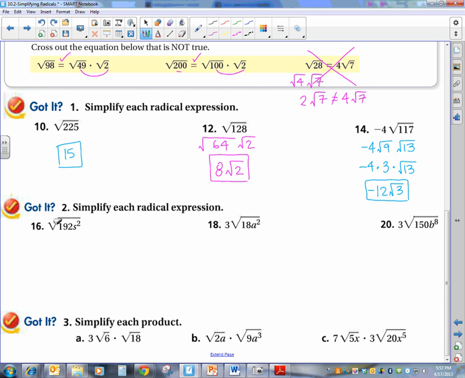So it turns out that 192 is 64 times 3. So that gives me the square root of 64 times the square root of 3 times the square root of s squared. Square root of 64 is 8. Square root of 3 cannot be simplified, so it stays the square root of 3. The square root of s squared is s.